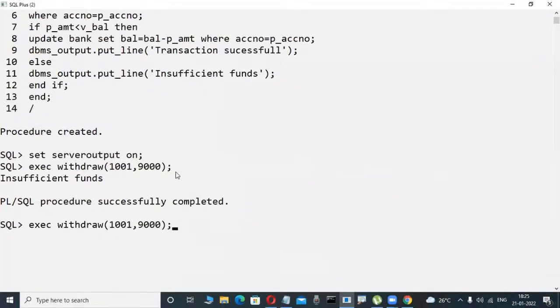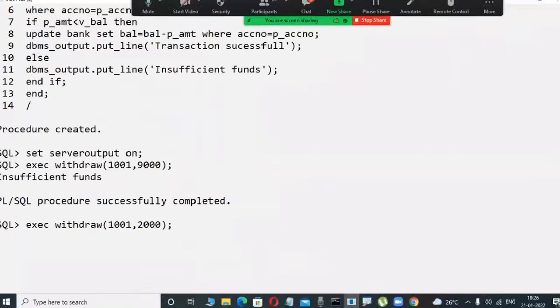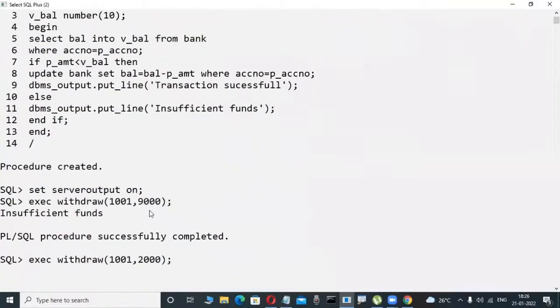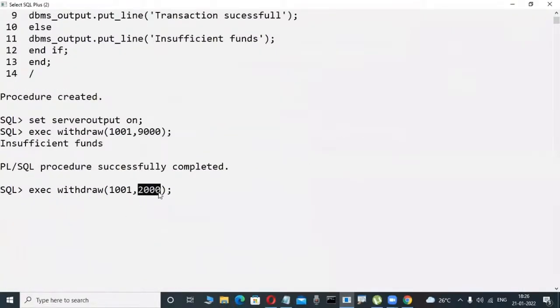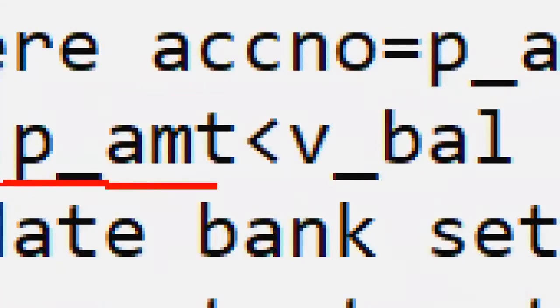Here, observe, 1001 is my account number. I try to execute withdraw again. Now I try to withdraw 2,000 rupees. Possible. Why? Because my balance is 3,000, and I try to withdraw only 2,000. So the passed amount, 2,000, is less than the available balance, in this case 3,000.